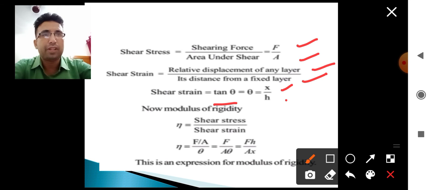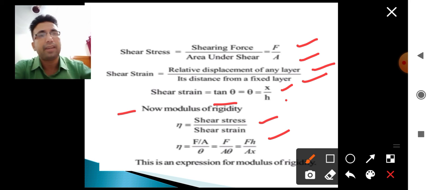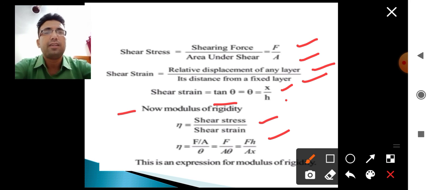Now put this value in the modulus of rigidity. It will be equal to F upon A divided by theta, and we can write x as delta x, so it is delta x divided by h. This is the expression for the modulus of rigidity.